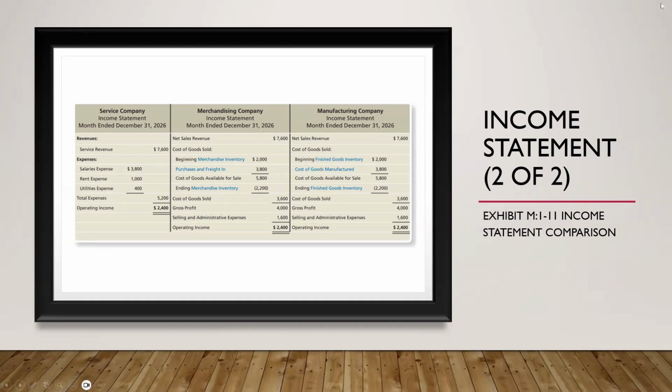So here you see the differences highlighted in blue. Here you see an income statement that shows revenues for a service company, a merchandising company, and a manufacturing company, for the month ended December 31st, 2026.